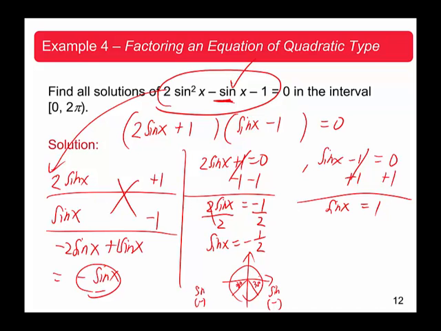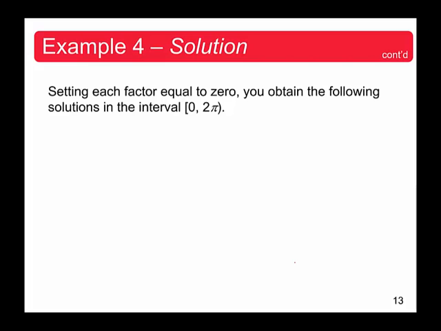So the angle x here for the first one should be equal to 180 plus 30, so it's 210 degrees. The other one is 360 degrees minus 30 degrees, it turned out to be 330 degrees.